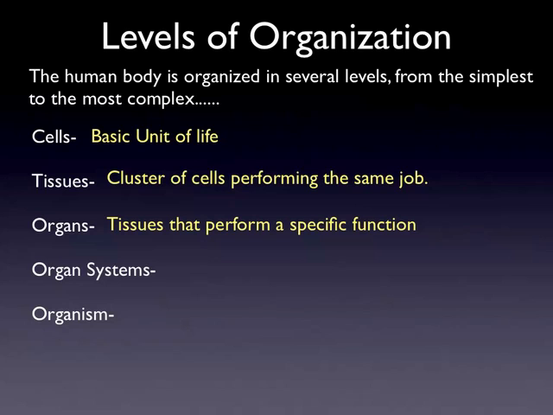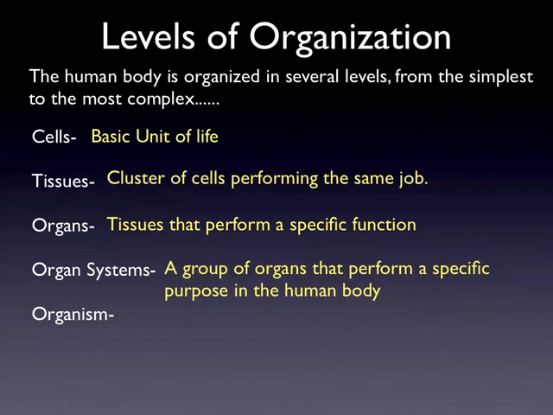Several organs working together to accomplish something are an organ system. Collection of organs that do one specific job in our body, whether it's to break down food or to deliver things throughout our body. A group of organs working together.